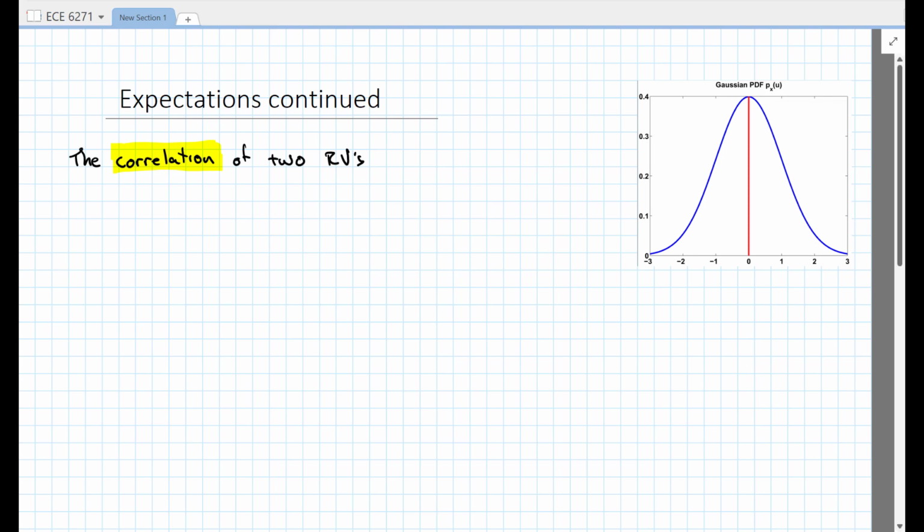And the correlation is given by this function, the expected value of the product of the two functions, which of course is going to be the double integral of uv pxy(u, v) du dv.